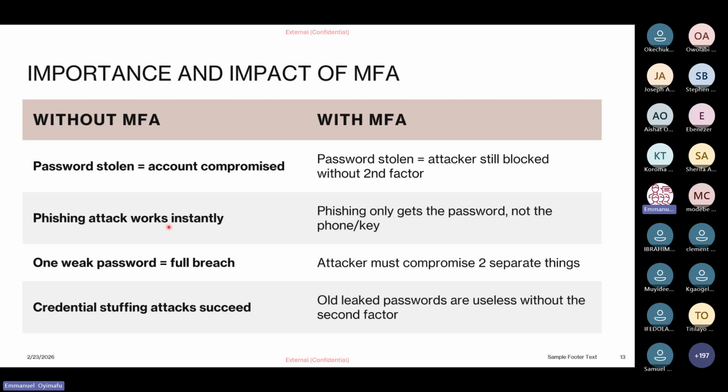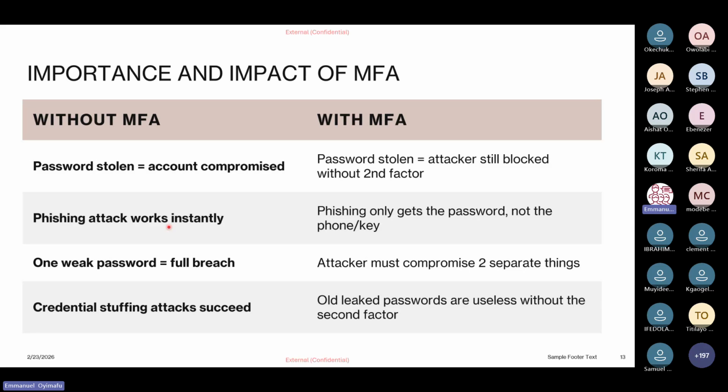You saw something like Microsoft, and you don't know that it's not Microsoft. They just use that to deceive the person to click, and you click on it, and they ask you for username and password. They have gotten your password automatically. You're the one that gave them your password by your own hand, because you thought you were signing in to a platform that is not that platform. They just tricked and deceived you. So once you do that, they have gotten your password.